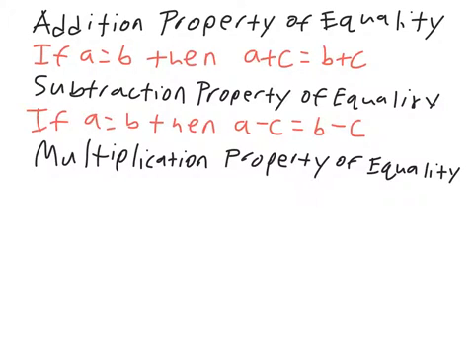The multiplication property of equality says if A equals B, then A times C is equal to B times C. So again, if we have two numbers A and B that are equal, if we multiply the same number on both sides of the equal sign, so multiply each of those numbers by the same number, they will still be equal.